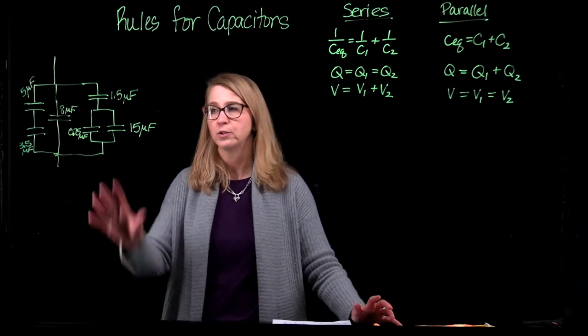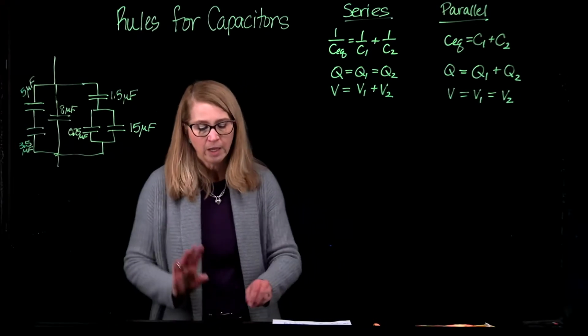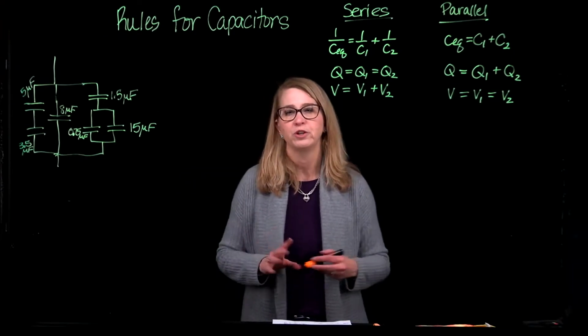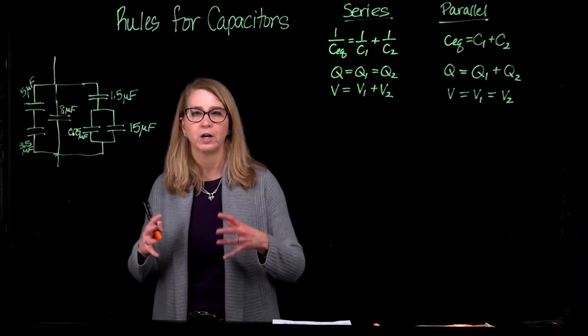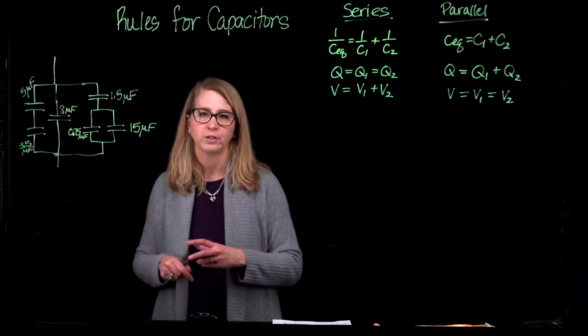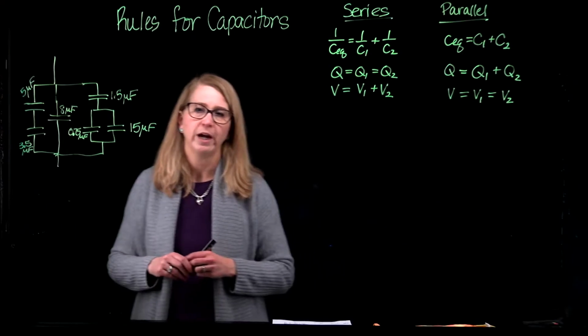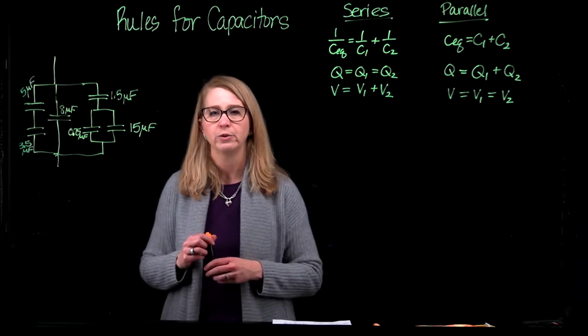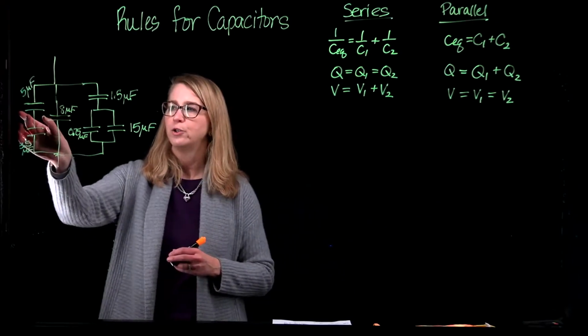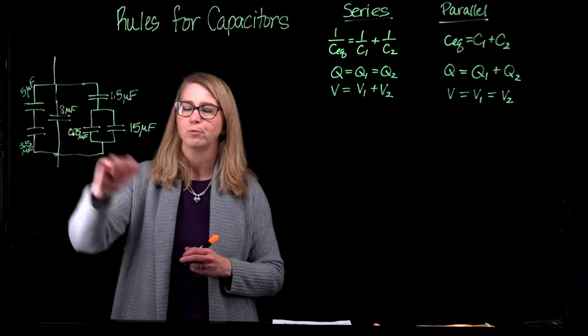Now when you're tackling a situation like this, you go from the most complex to the simplest thing. For instance, I know I have three branches in parallel, but I would like to get those down to a situation where there's only one capacitor in each branch.